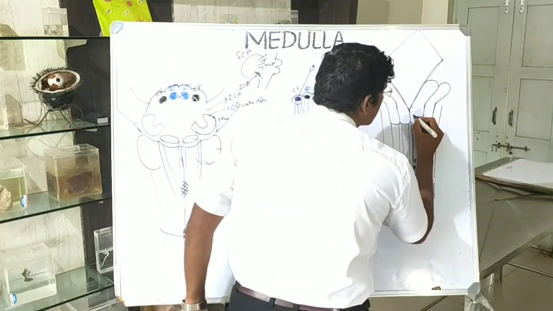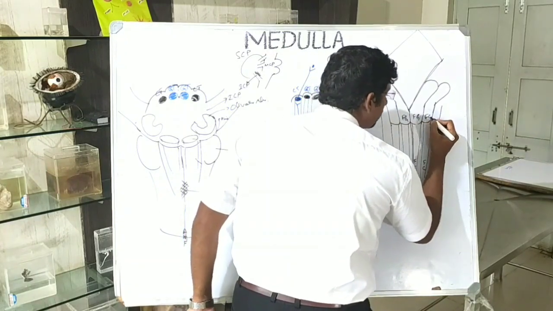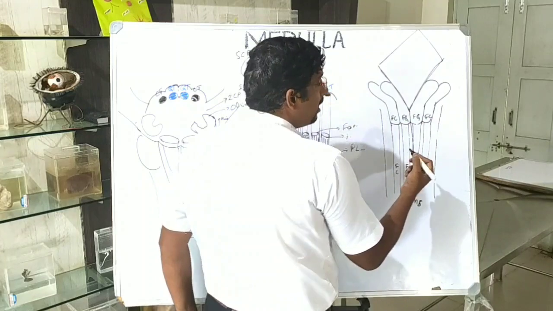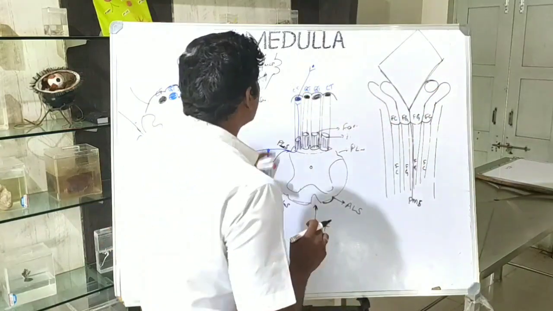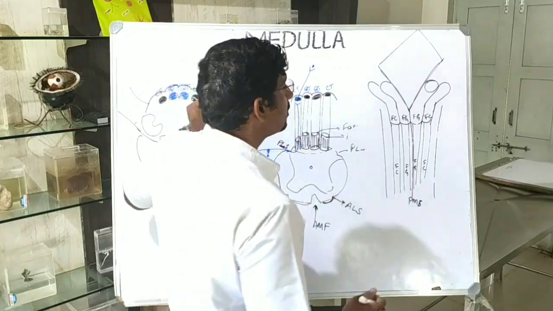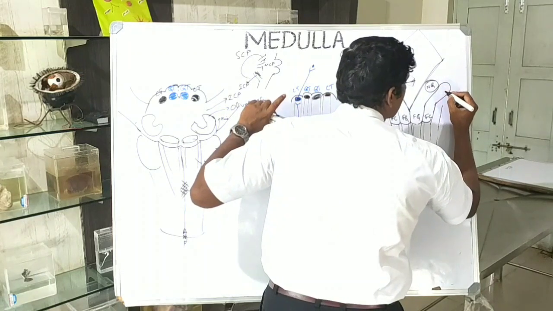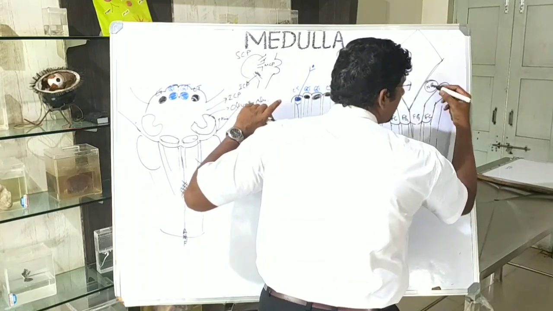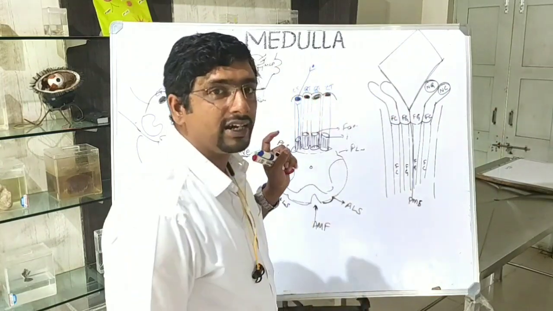Okay, and this is a fasciculus gracilis, this is a fasciculus cuneatus, and the ending part is representing the nucleus of the cuneatus and the gracilis. So this is a nucleus for gracilis tract, and this is a nucleus for cuneatus tract inside.